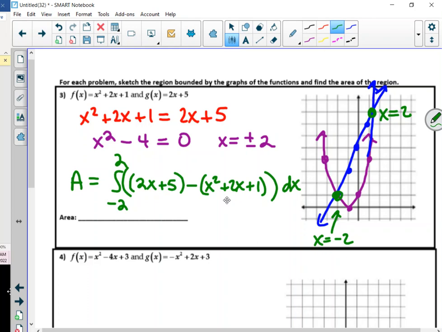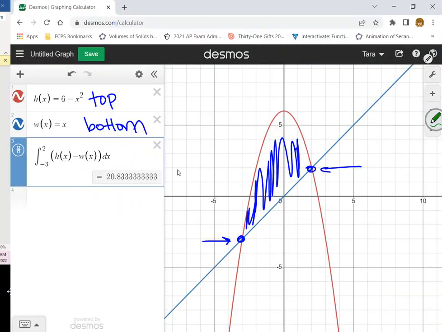No, what's wrong with this? Why is it doing that? Let me try it here. All right, let's go here. Let's get rid of these.